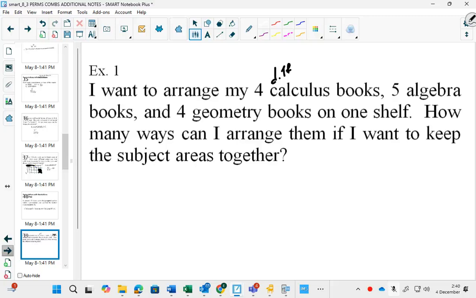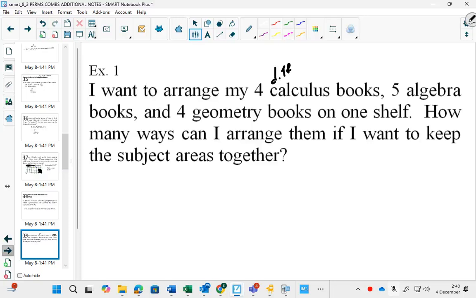So sometimes the questions aren't super clearly worded, and can you see how you might get this? Oh, 4 calculus books. Are they the same? Are they identical? You might think of it as an identical object. So grouping questions, because things are in a group, which makes them similar, you have to decide, is this a grouping question, or is this an identical objects question?